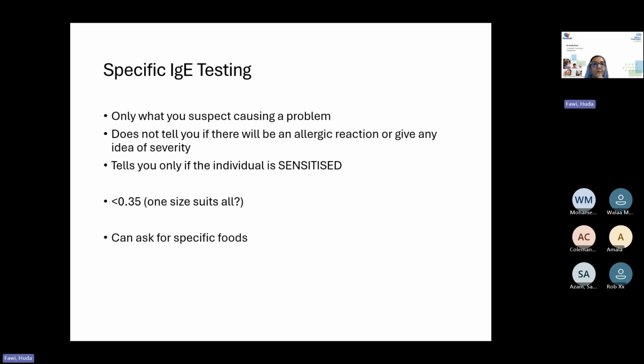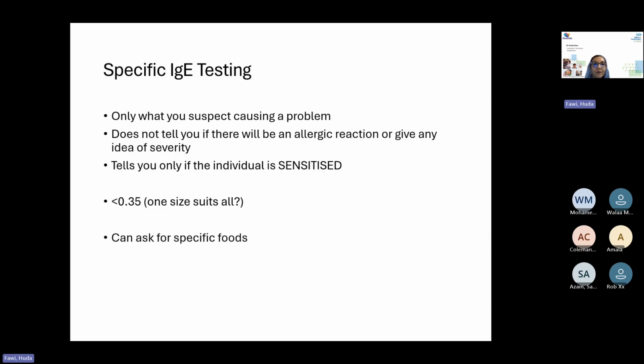If we have a child or an adult with allergic rhinitis symptoms, from your history you know that this person has symptoms usually between May and September. The most common pollen is usually the grass pollen.